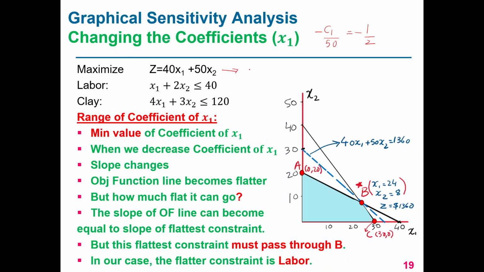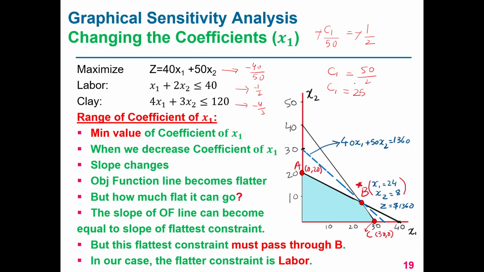I'm writing here again the slopes: the objective function is minus 40 by 50, this is minus 1 by 2, and this is minus 4 by 3. So here c1 is equal to 50 divided by 2, minus they can cancel, so c1 is equal to 25.